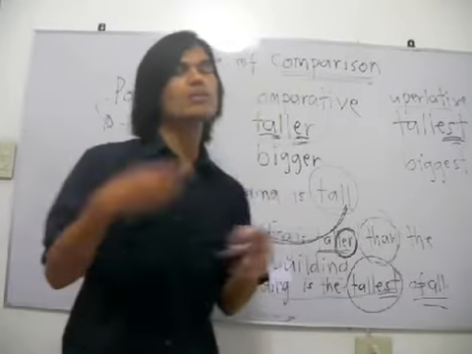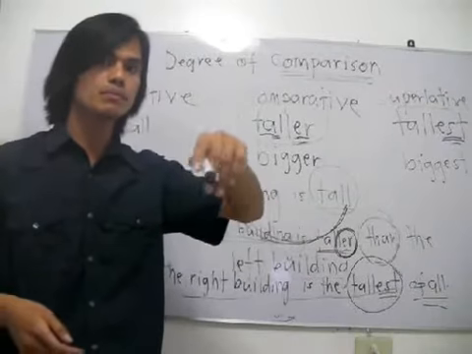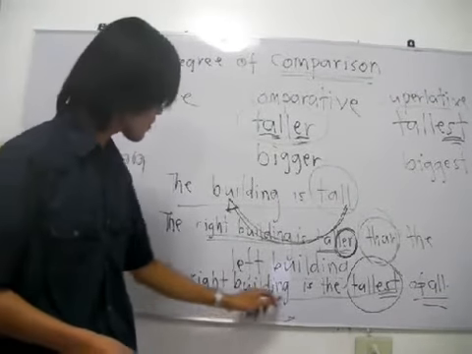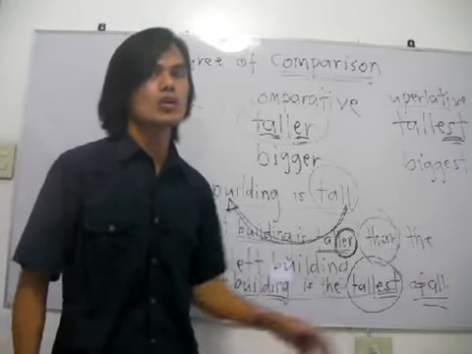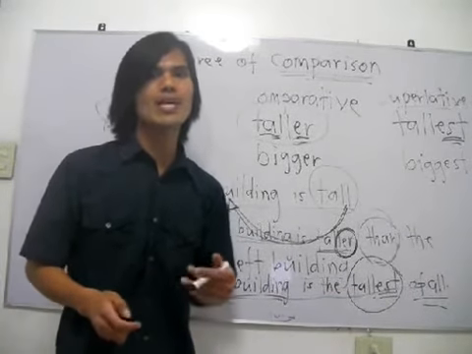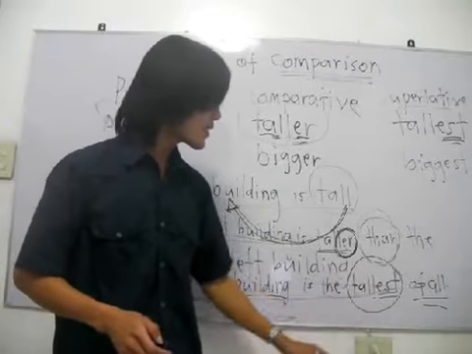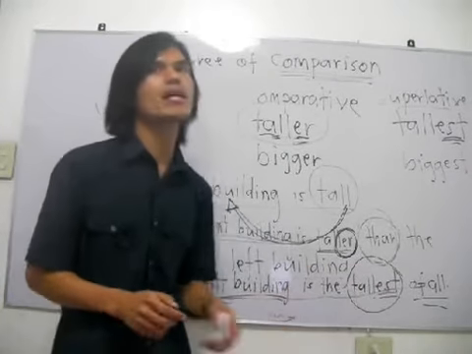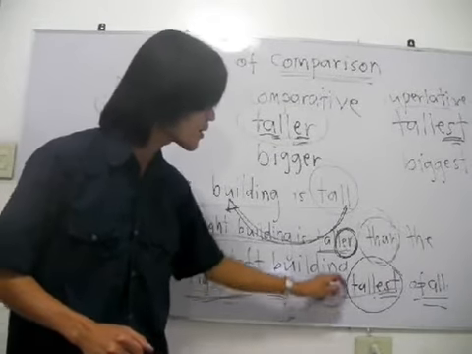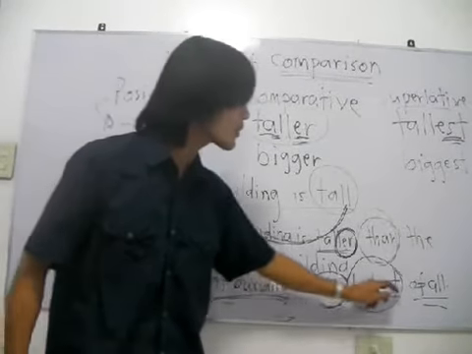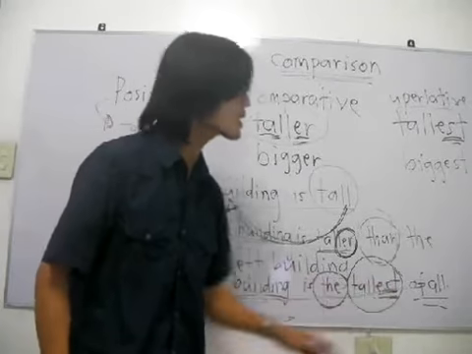So there are actually many buildings around. However, the right building is actually the tallest. Your hint for you to know that this word is under superlative degree is the article the, and then the letters EST.